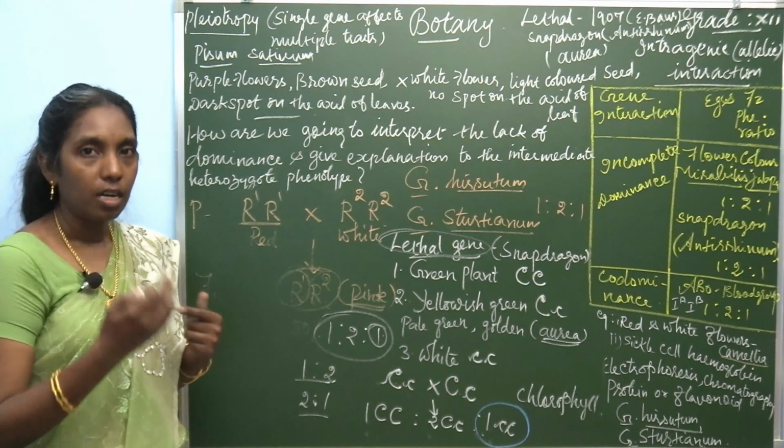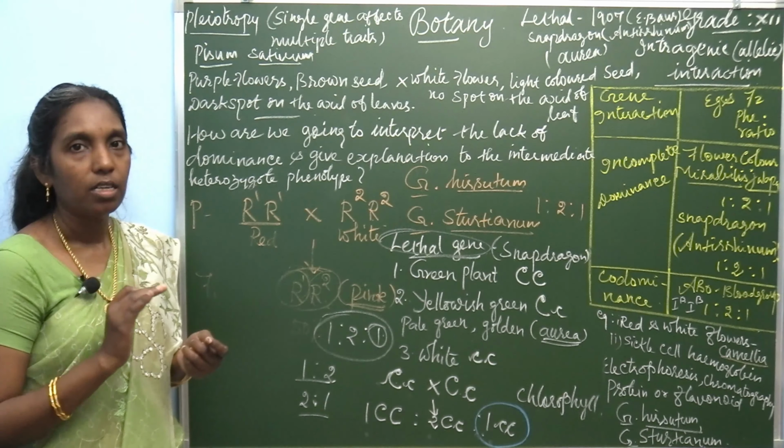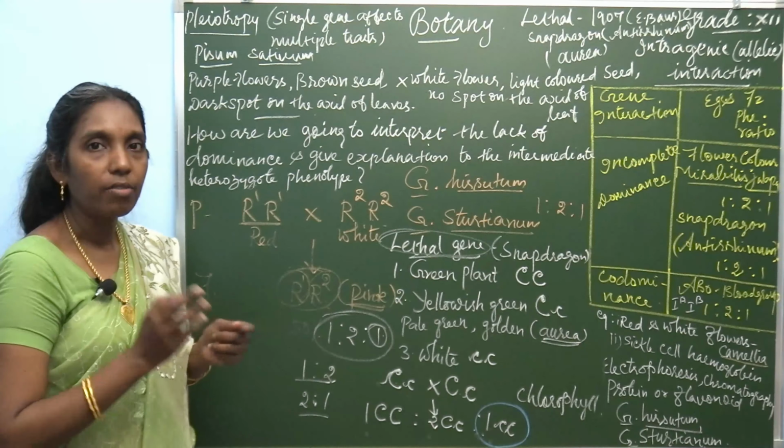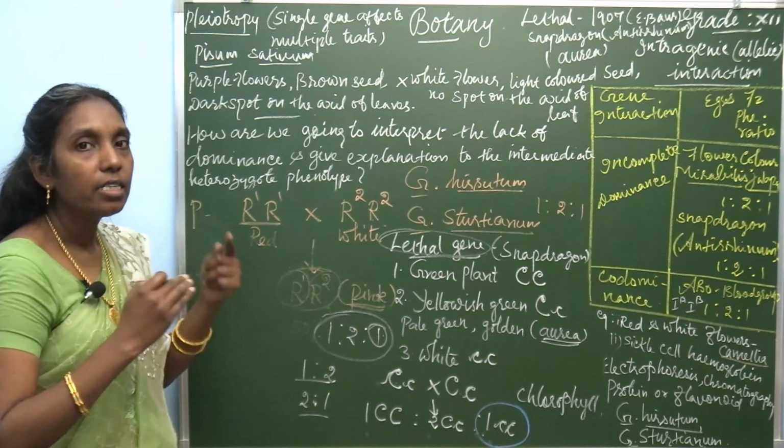Here is an example: the color of the flower. Actually, in Pisum sativum there are two different colors, purple and white. Then seed color, brown seed and light colored seed, and the dark spot in the axil of the leaf. So, these three characters are controlled by a single gene which affects multiple traits.